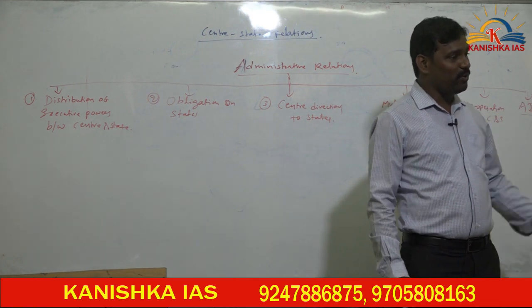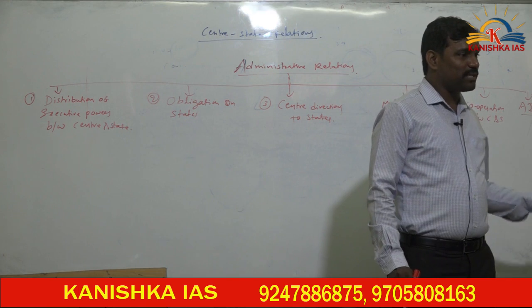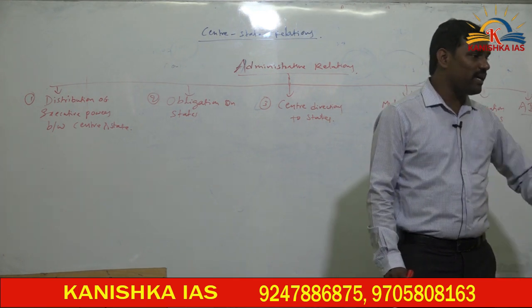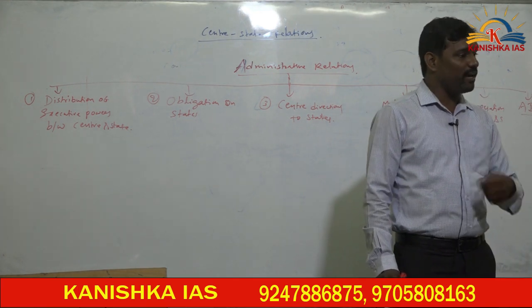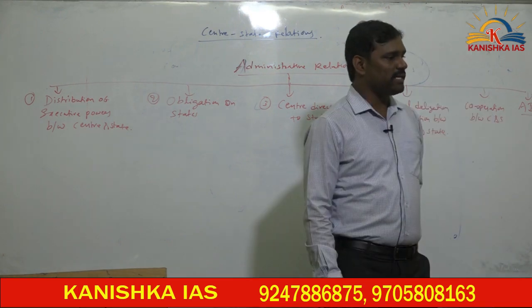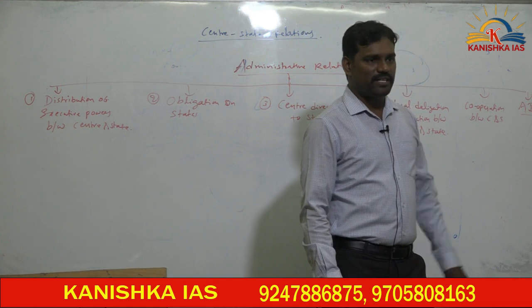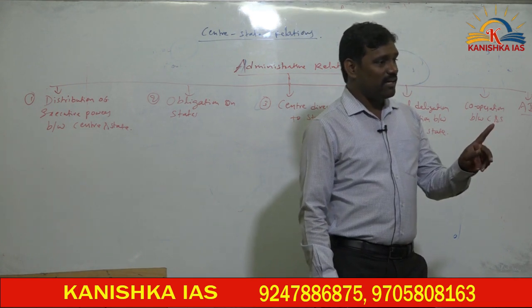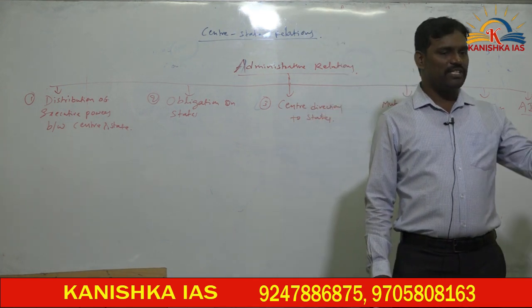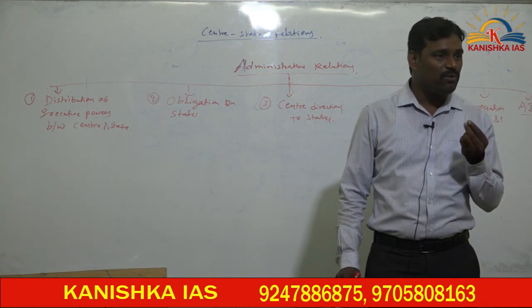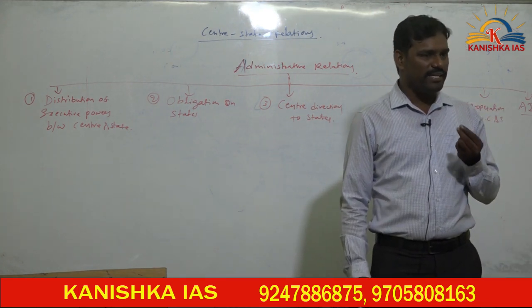I already told you the total subjects. Why are these subjects particularly added in the center list, why not in the state list? Uniform law is required, for the entire country. Two qualifications are needed. One is what? That the subject may have national importance, that is why you are adding it to the central list, union list.